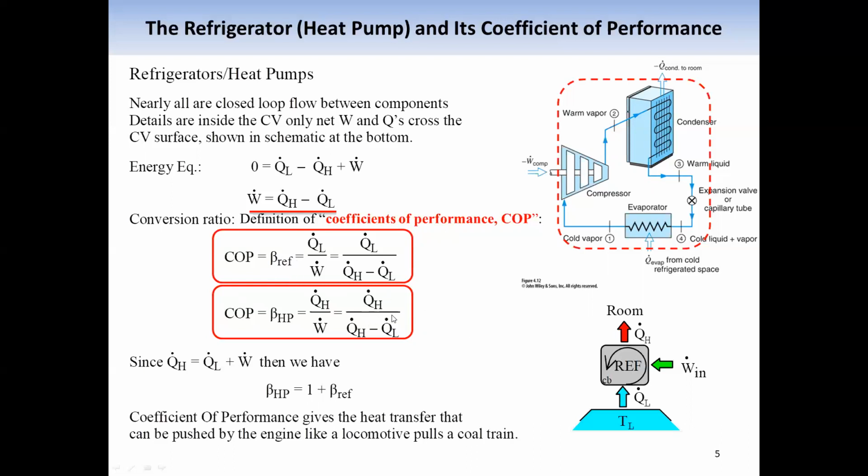And for the second COP, the numerator is QH dot, and the COP is designated by a subscript HP, heat pump. And the two COPs have the relation that they differ by 1.